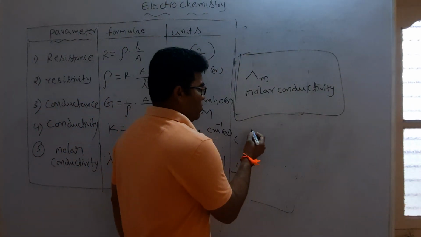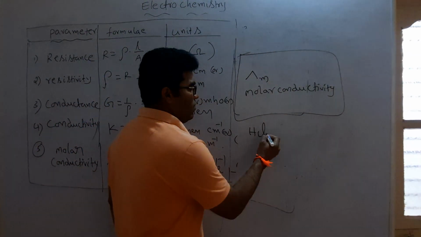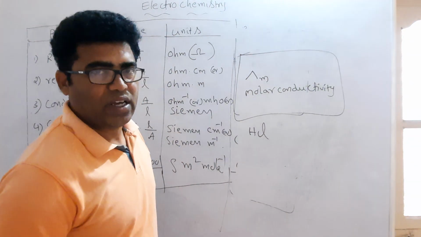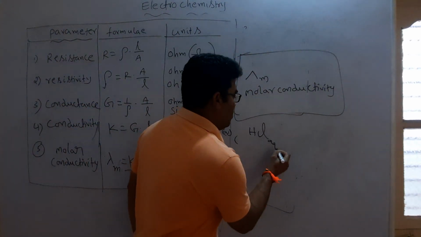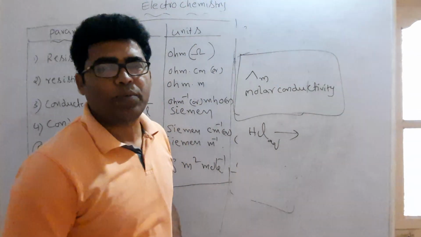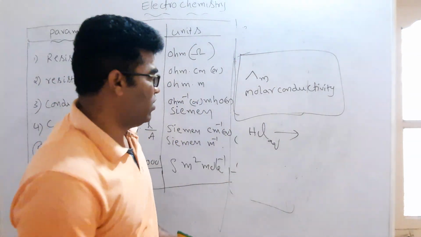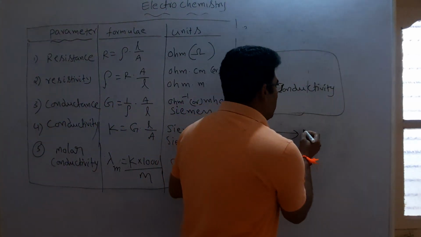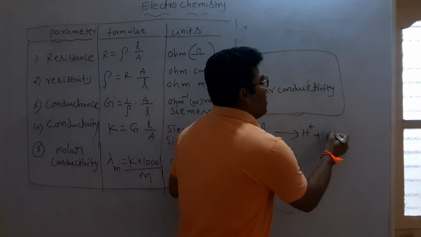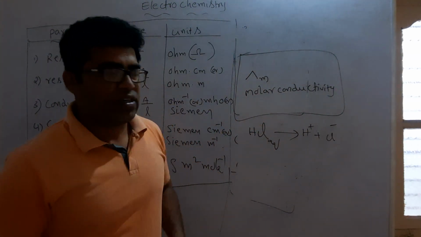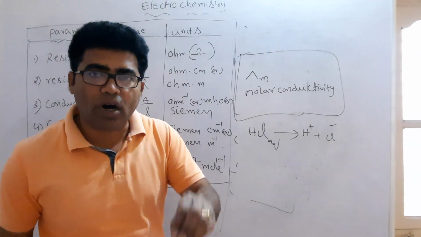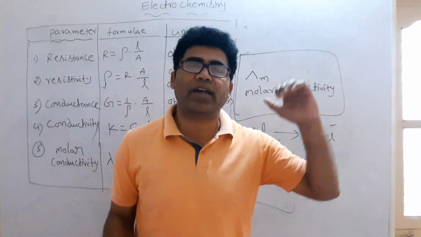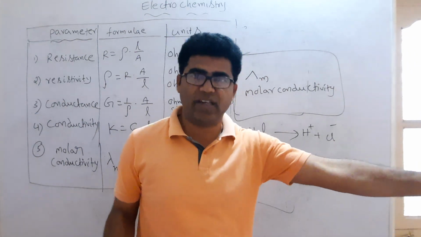What is a strong electrolyte? For example, HCl. Whenever you drop this HCl in water, anything you drop in water, it is called an aqueous solution. Suppose 100 HCl molecules you dropped in water, then what you will get? 100 H plus and 100 Cl minus ions.